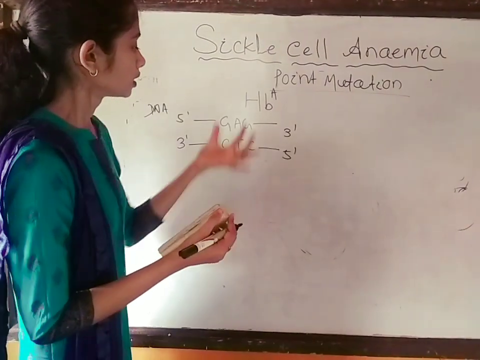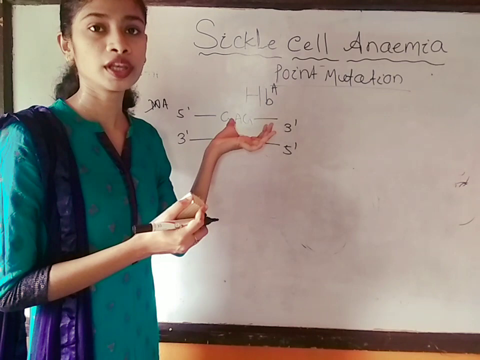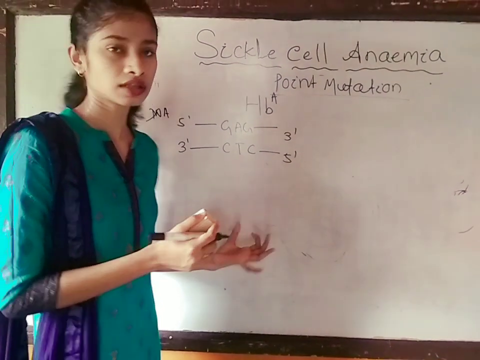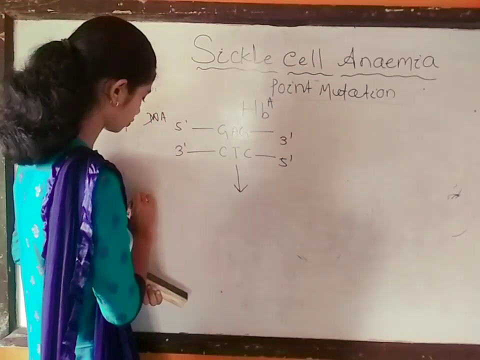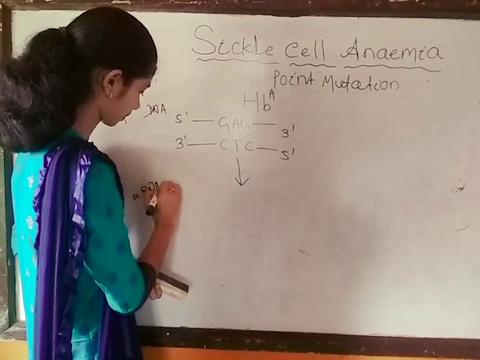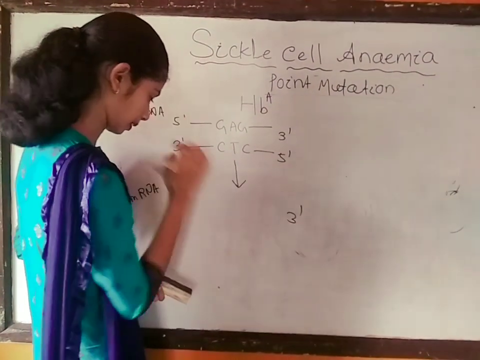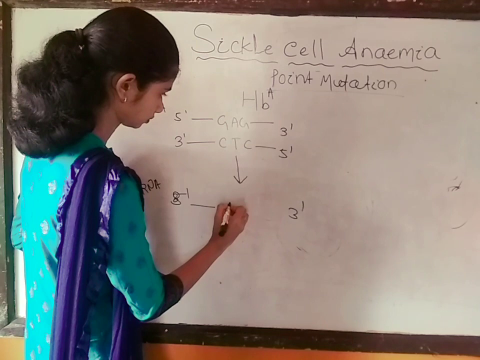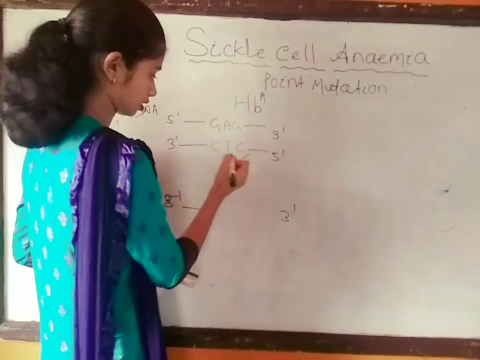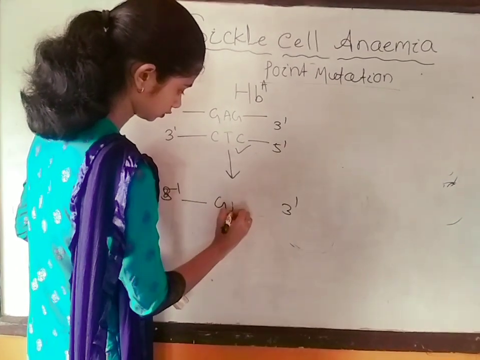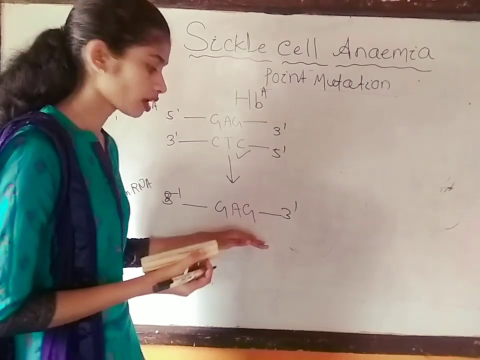So this GAG will code for another mRNA strand. And the mRNA strand will be, if you take this complementary structure, this is the mRNA.